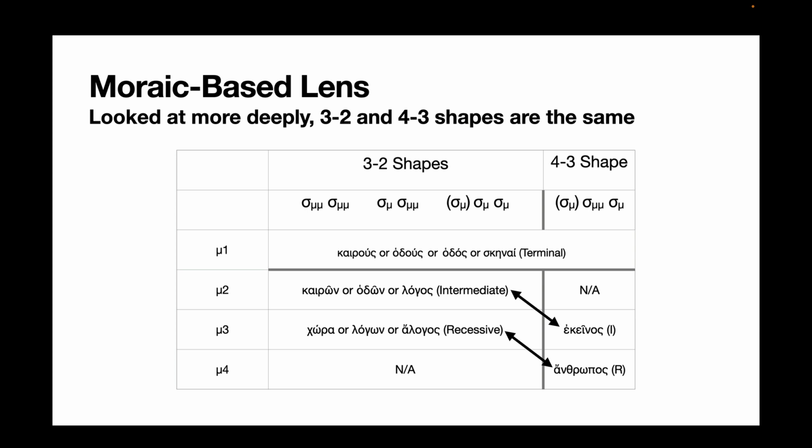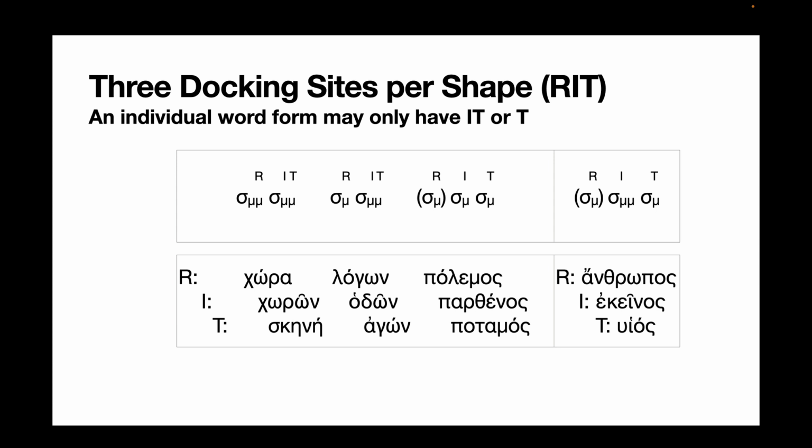We could actually show you how those lines actually line perfectly up, and exactly the same thing is going on in every single one of these shapes. In other words, behind 3-2 shapes and 4-3 shapes, there is actually a single shape happening, but that'll have to be saved for another video another time.